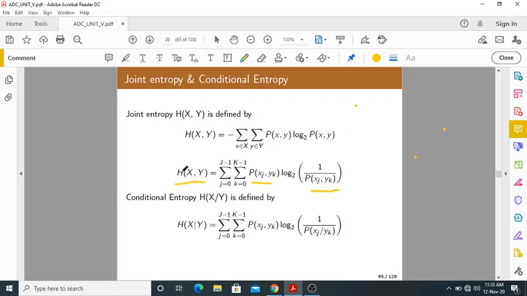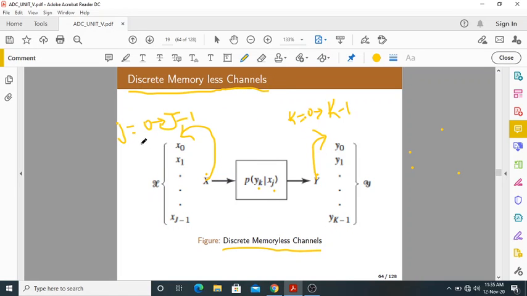It is joint entropy, that's why joint probability. What summation? Summation j equal to 0 to capital J minus 1. That is for capital X. For capital Y, small k equal to 0 to capital K minus 1.